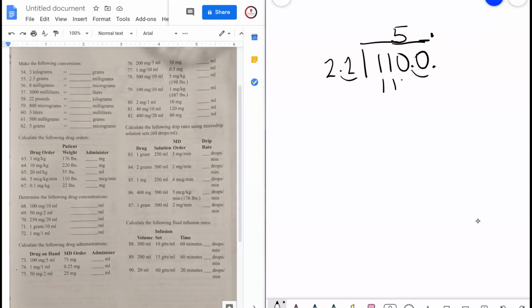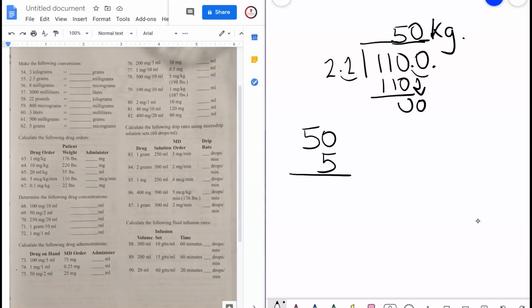And then that's 110, 0, drop the 0, 50. So you have a 50-kilogram patient. If you have a 50-kilogram patient and you want to give them 5 micrograms per kilogram per minute, I'm going to do the math. So 5 times 0 is 0. 5 times 5 is 25. So you're going to give them 250 micrograms per minute.